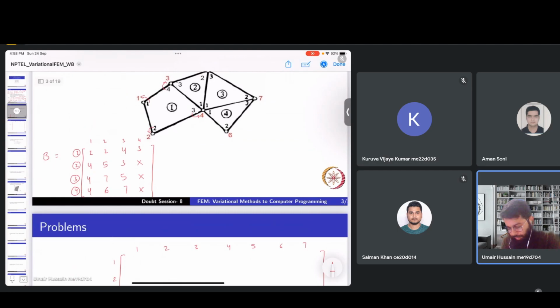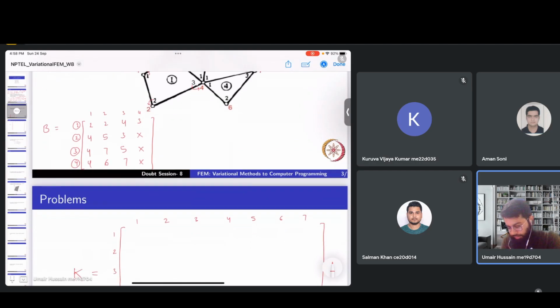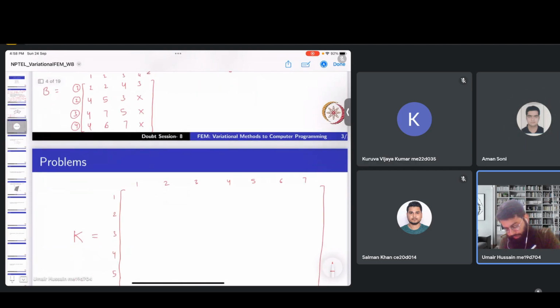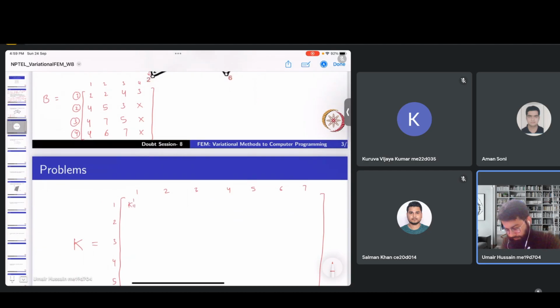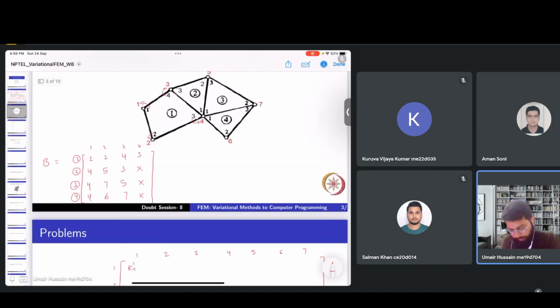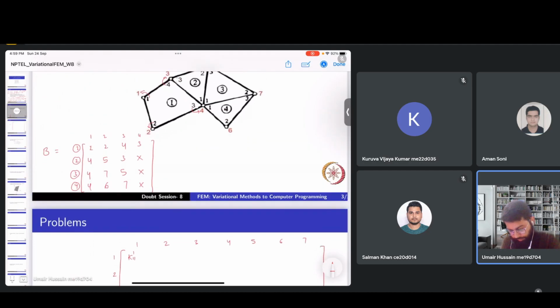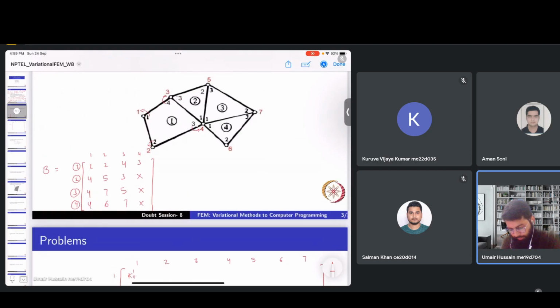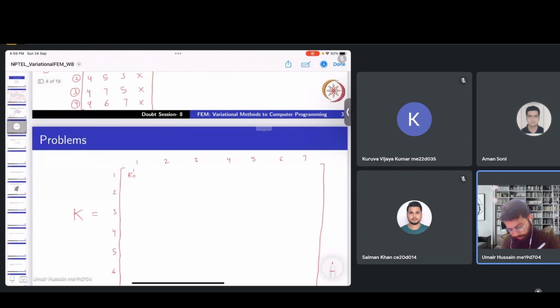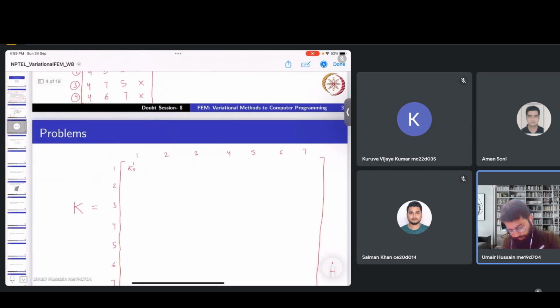Node 1 is part of only one element, right? So it should have contribution from that element only. So K11 of 1. We'll do for 4, 4 and 3, first for 3, 3.